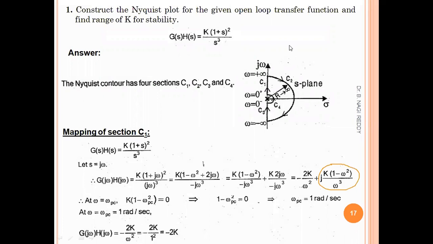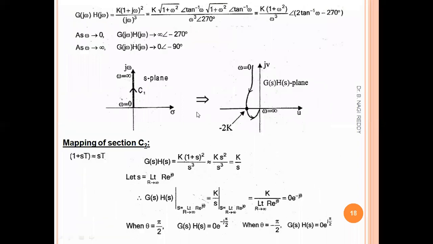Okay. So for section C1, we need to draw the G(s)H(s) plane. So from this open loop transfer function, we can obtain the magnitude as well as phase angle. So this is the open loop transfer function, substituting j omega.